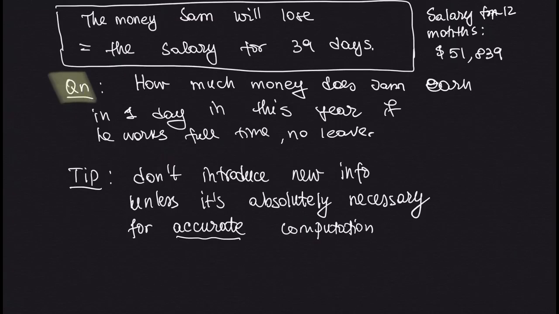So at this point, to answer this question, we could, of course, just try to look at Sam's pay stubs and try to figure out how many working days were in 1 month and all of this kind of stuff.